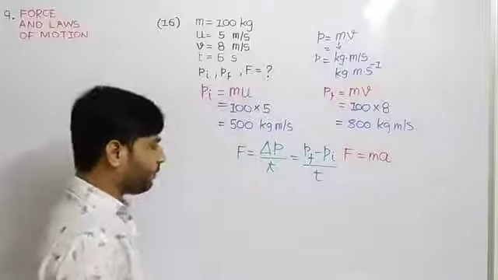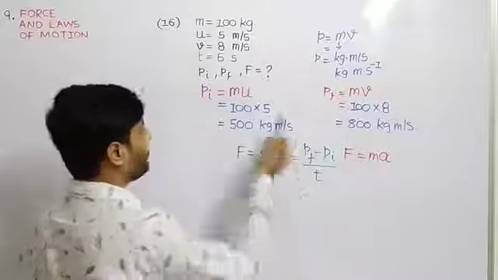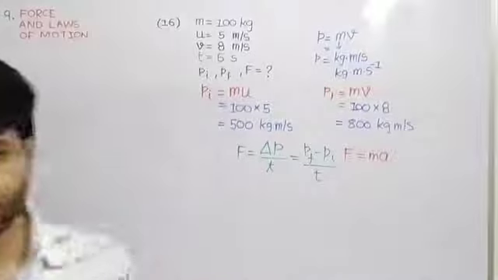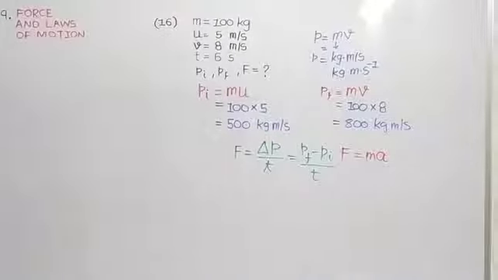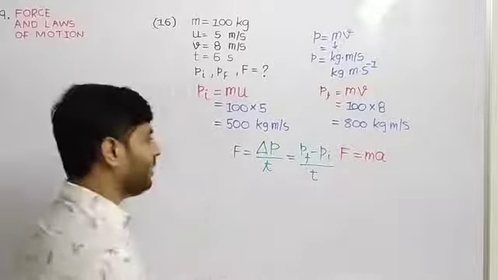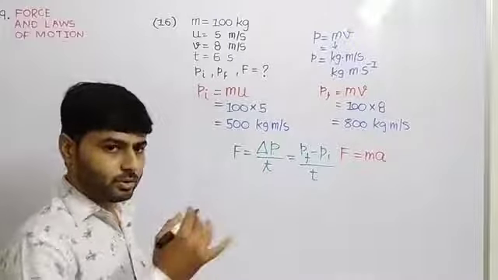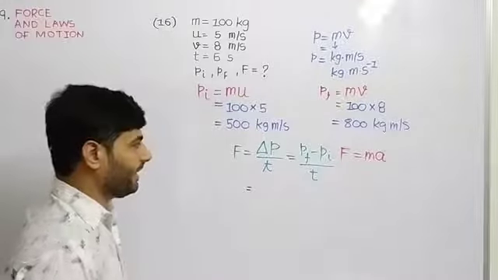Now we have value of both final and initial. Final is 800, initial is 500, T we have 6 seconds. Now we have Pf, we have Pi and T. So let's put value of required quantity.